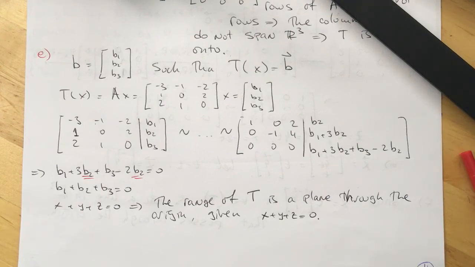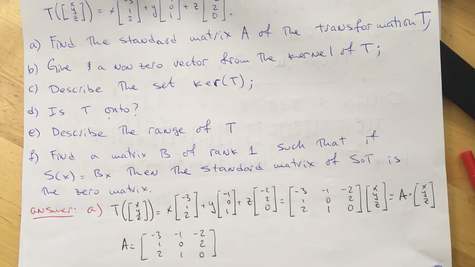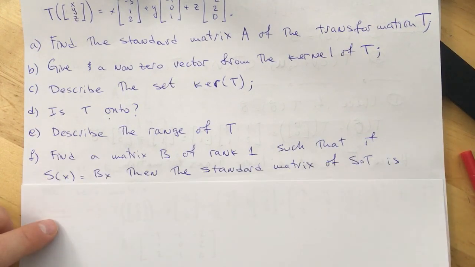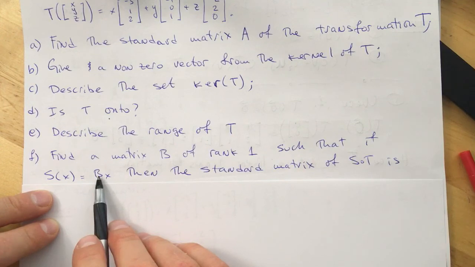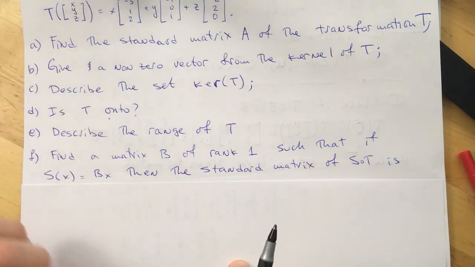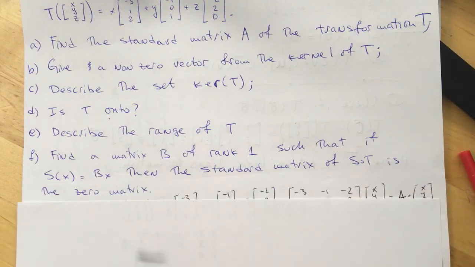And at the end, the question is, find a matrix B of rank 1 such that if I have some linear transformation S being defined by B as its standard matrix of transformation, then the standard matrix of S composed with T is the zero matrix.